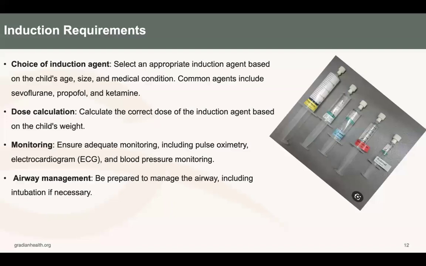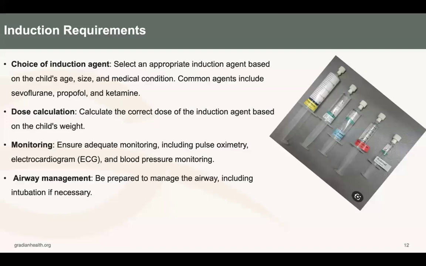So overall in anesthesia, there are two groups of induction drugs that we use. We can use gases, or we can use the IV drugs, the injections. The choice depends on the procedure that we're doing, the type of child that we have, the weight of the child, the medical condition that they have, and sometimes what is available, like in a resource limited facility.